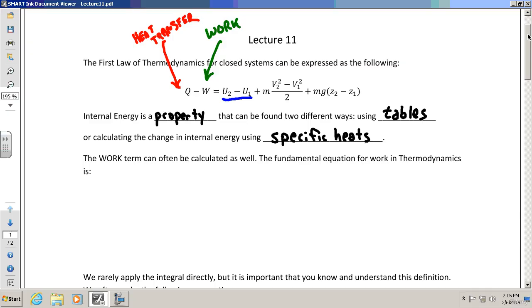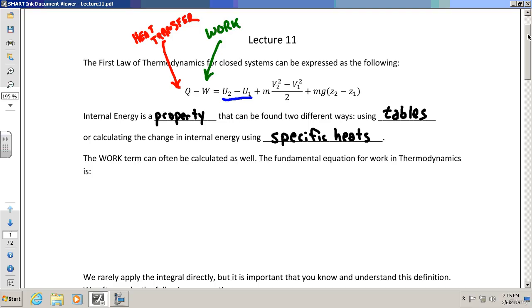That's what we did last time. It's been a week, but we used specific heats to calculate the change in internal energy. Or we'll use tables. One way or the other, we've got to calculate U2 minus U1.